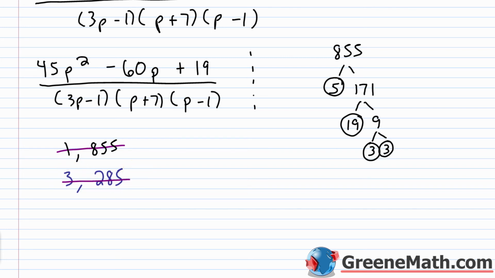So the next thing we would come across, we see we have a 5, so I could put 5, and then what? Well, it would be 19 times 3 times 3, which is 171. But again, I can't play with the signs and make that work. So then I would go to 3 times 3 or 9 times what? You'd have 19 times 5 or 95. But again, that's not going to work. I can't play with the signs and make that get to negative 60.